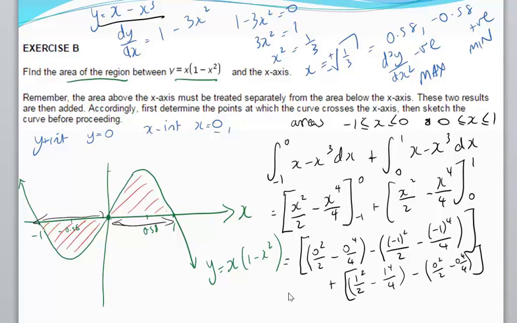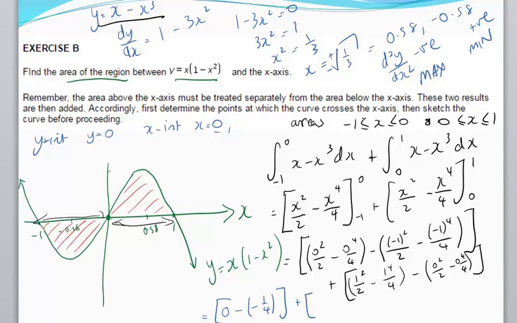So we'll change colour so we can see what we're doing. Our first part will all be equal to 0, so it's going to be 0 minus 1 squared on 2 minus 1 to the power of 4 on 4. We're going to end up here with minus a quarter.